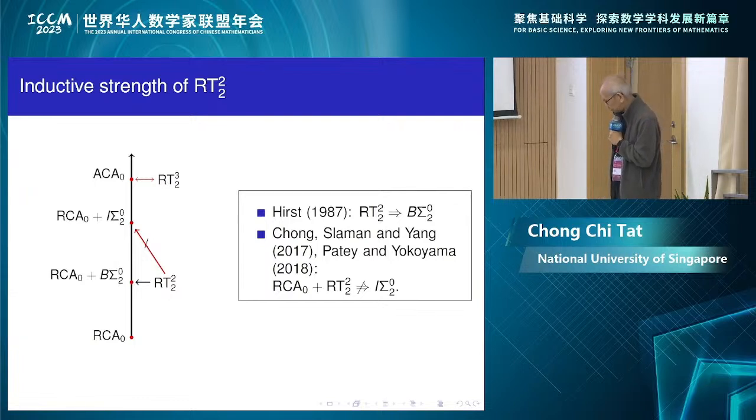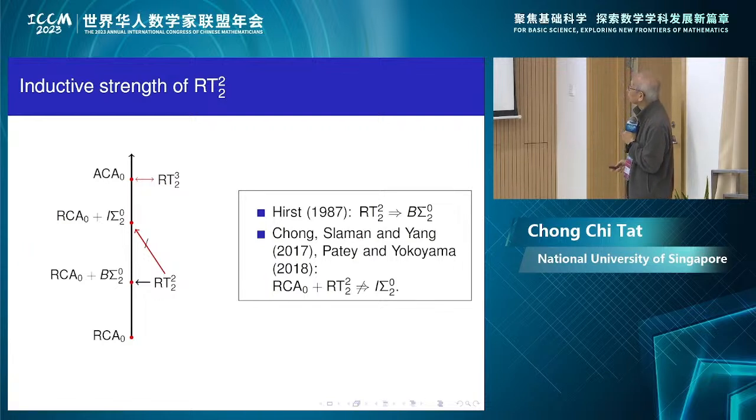So the conclusion that one gets here then is that while Ramsey's theorem for triples is somewhere high up there at the level of ACA0, Ramsey's theorem for pairs is actually quite low down, but still stronger than the basic RCA0.